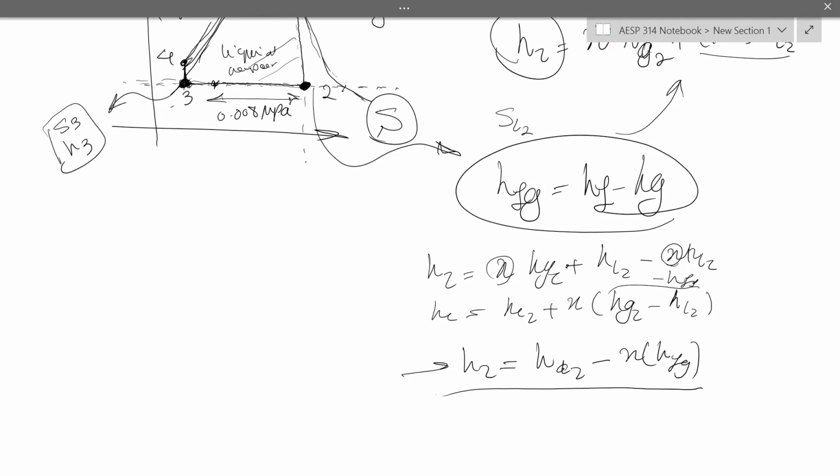So enthalpy is the amount of energy in your system, right? But entropy is a totally different thing. It's the amount of randomness in your system. When you have higher entropy, your system is going to be a little more random.